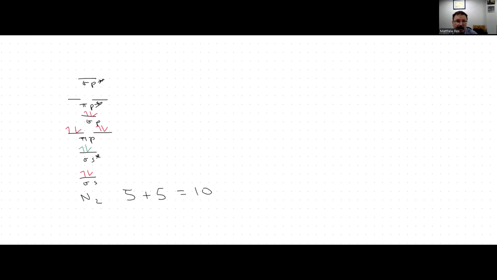And I've got 8 of those electrons in bonding orbitals and 2 of them in antibonding orbitals. So my overall bond order here should be 3. And that also correlates to the triple bond that we would see in nitrogen, and that makes sense. That's what we see with N to N, a triple bond.